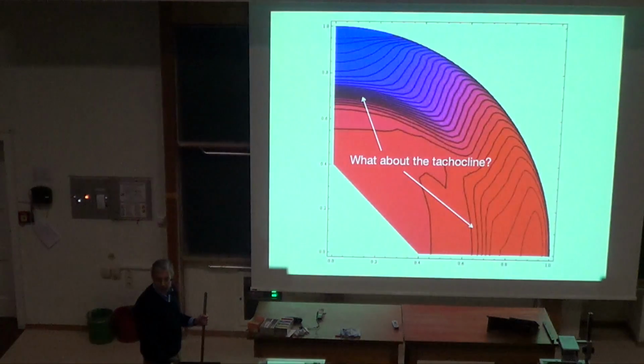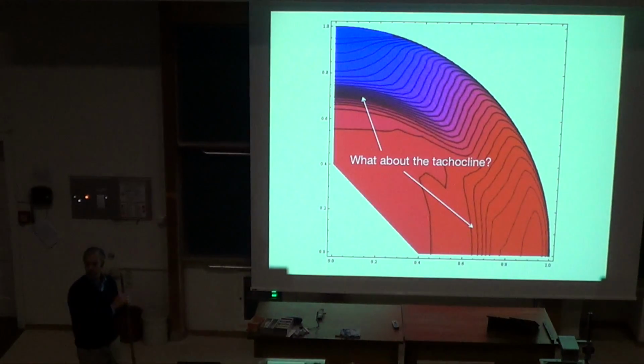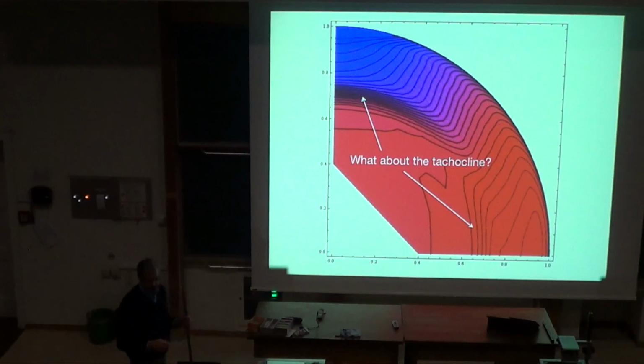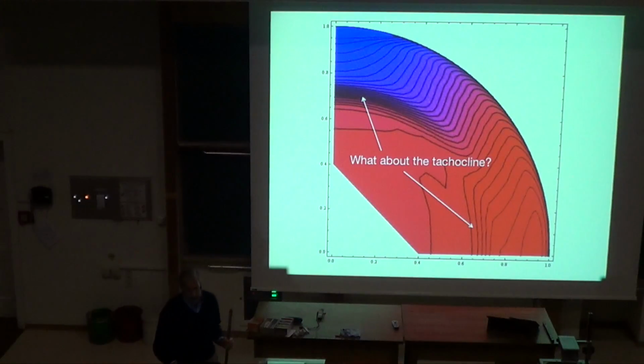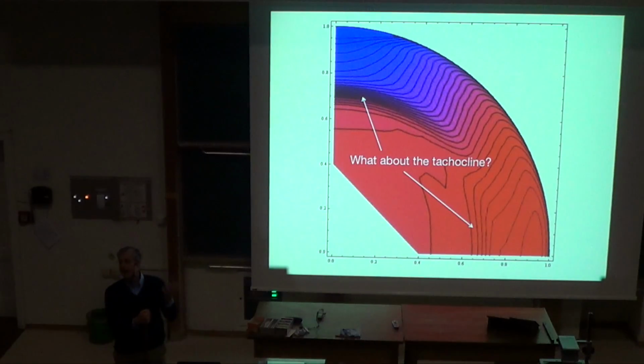What about the tachocline? Well, I'll have to zip through that. That's actually difficult to understand in detail, but it's possible to do something. Let me give you an idea of what's going on. And let me give a full disclosure at this point. You notice that one of the solutions could have been that omega is constant on cylinders.